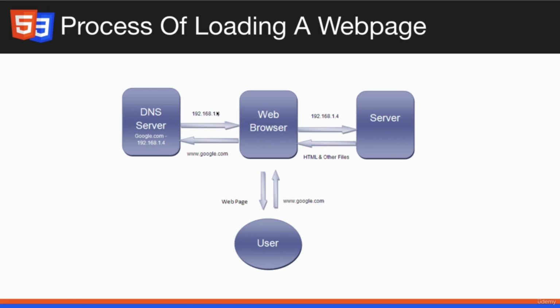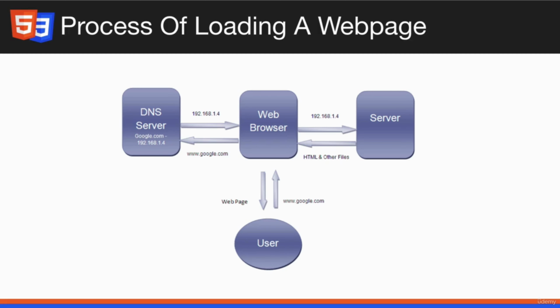Once it gets that IP address, it then makes what's called an HTTP request to the web server of that IP address. And then that web server will return a response with the HTML file that needs to be loaded, and any other files, including CSS files, which are used for styling. You have any images that are on the page, those will get sent, and whatever else is needed for google.com to be loaded in your browser.